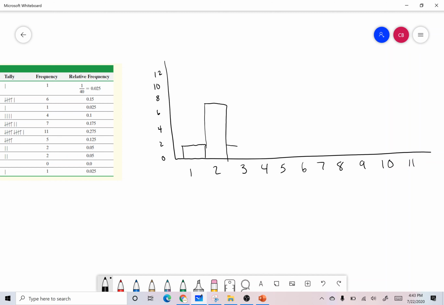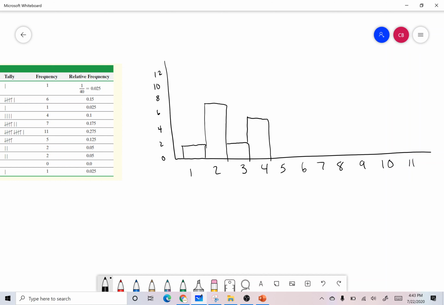We want 1. Sorry, this isn't going very well. It's easier when I'm on the board. 4 is 4. Sorry, that doesn't look very good. So let's go to 4. Oh, I drew that too wide.